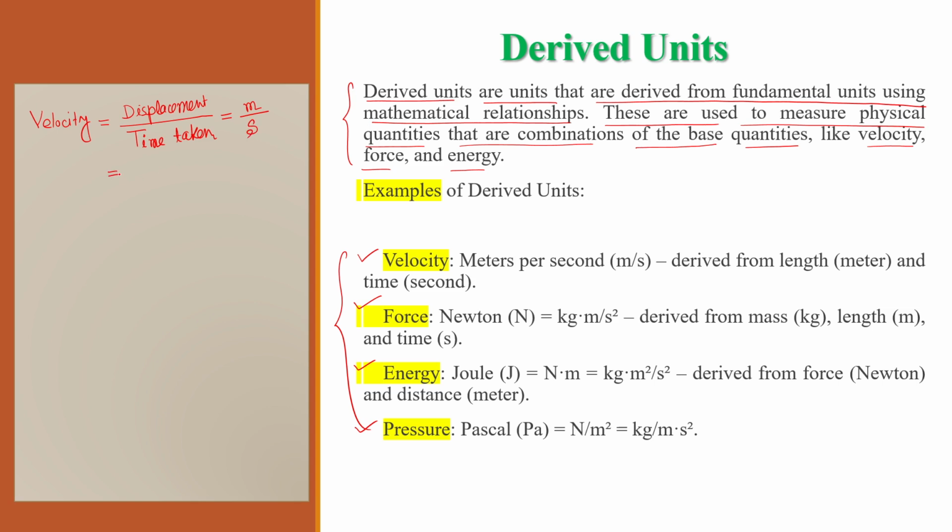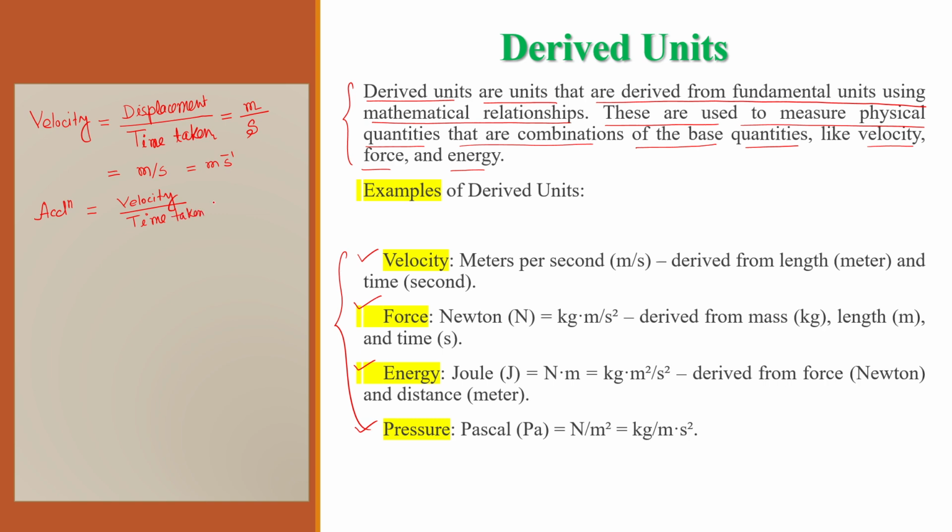So the derived unit of velocity in SI system is meter per second, or we can write meter s to the power minus 1. Likewise, if we are considering the SI unit of acceleration, it becomes acceleration equal to velocity by time taken.